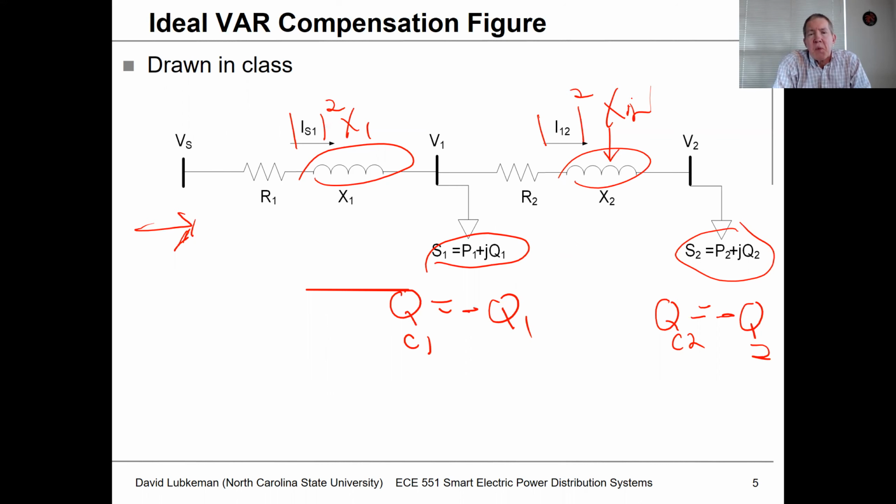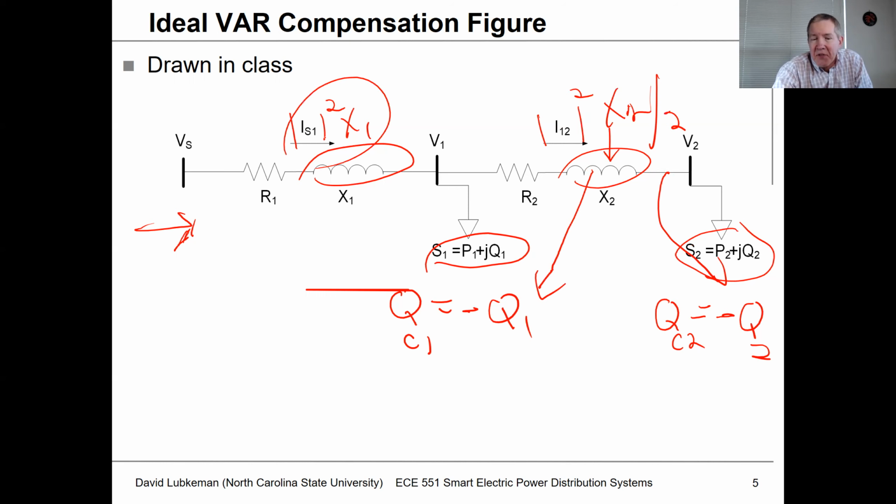If we don't want that supplied by the transmission grid, then maybe half of this value gets supplied by this capacitor, and half by this capacitor, and then maybe the total value could get supplied by this capacitor as well. So we might want to increase the amount of reactive power output at bus number 1 and 2 so we can supply the line Q as well.